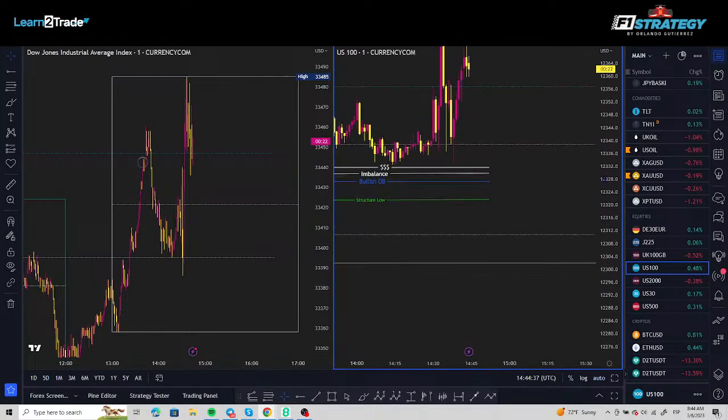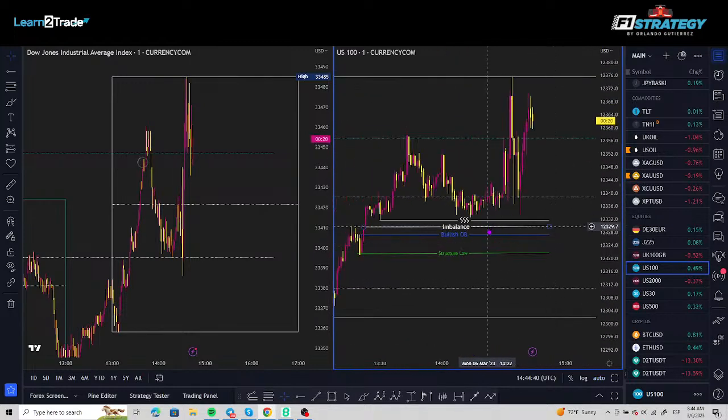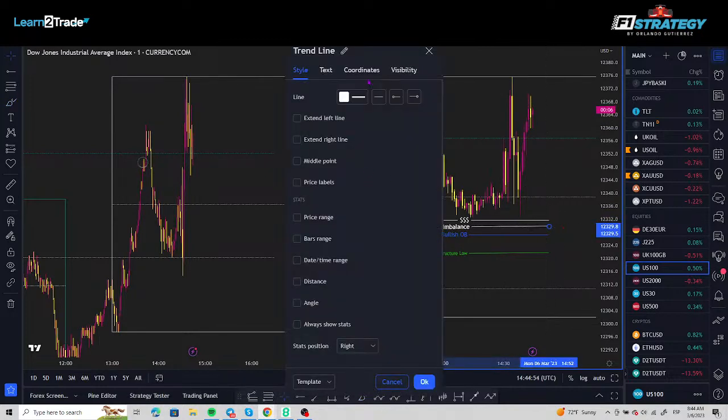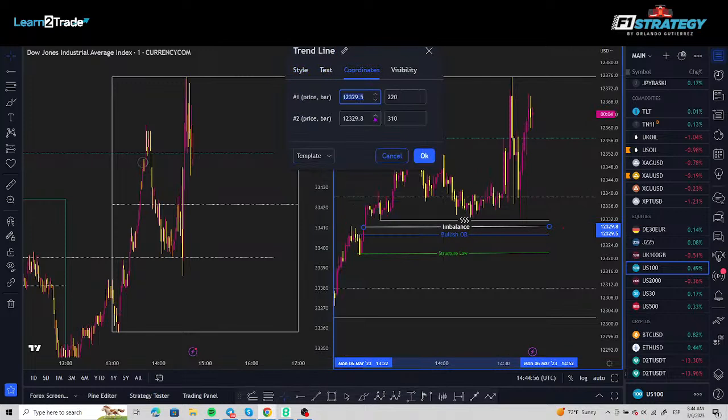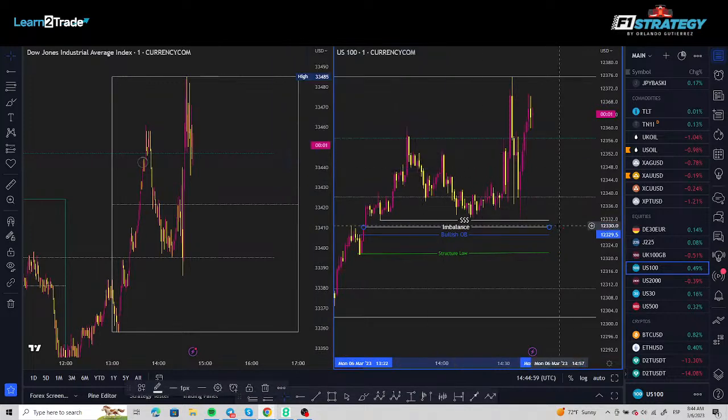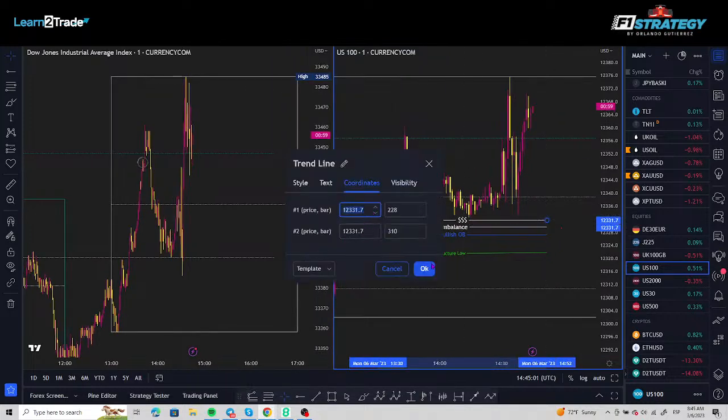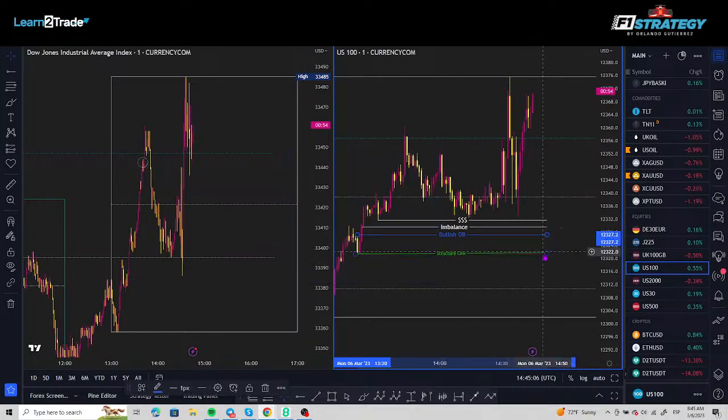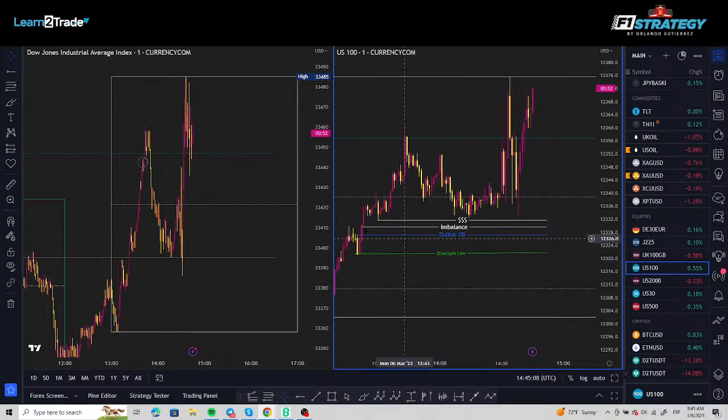Because what I dig about this is that this spike low right here did not break with that liquidity spot, right? So let's wait and see what happens.